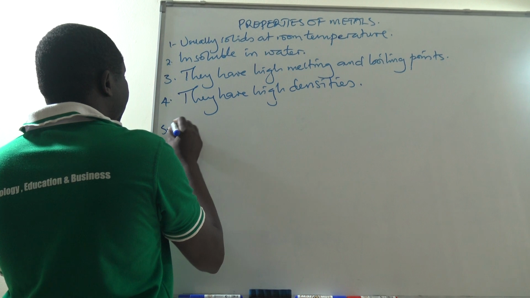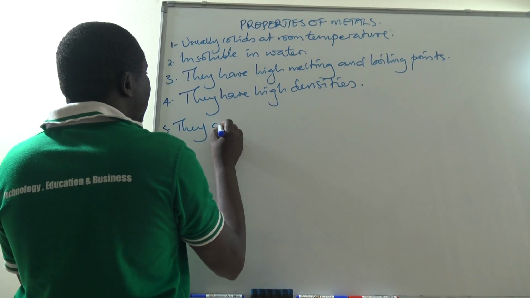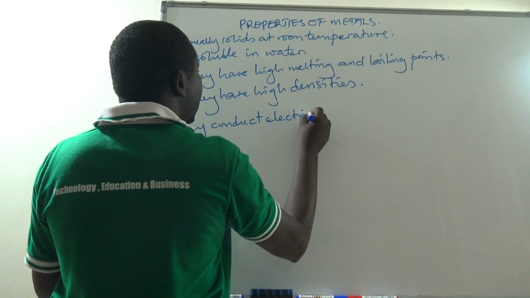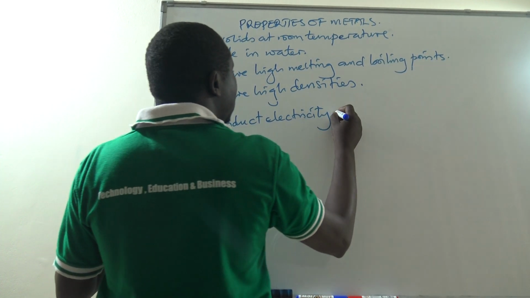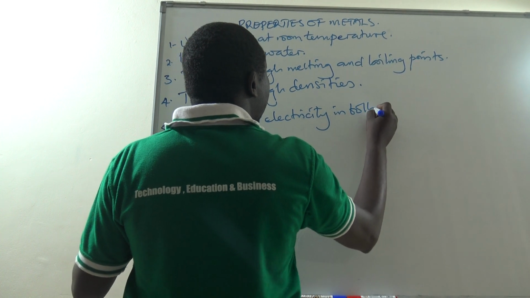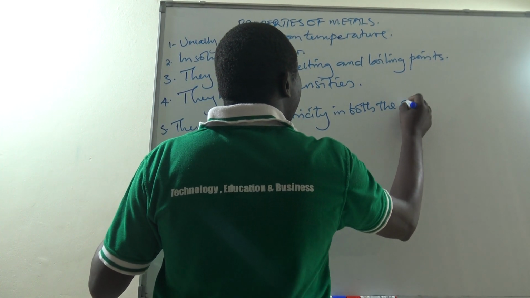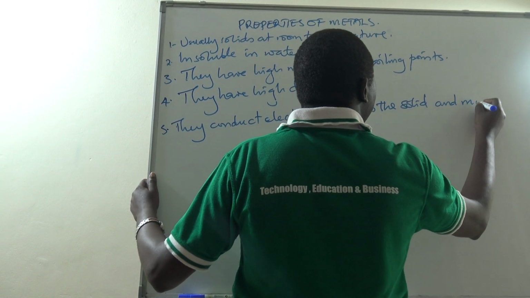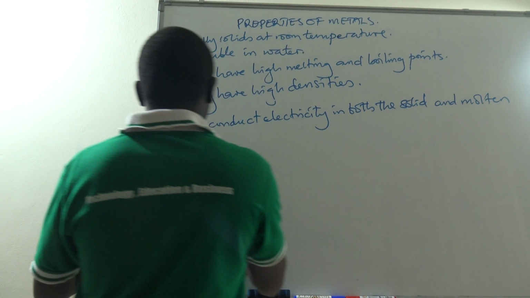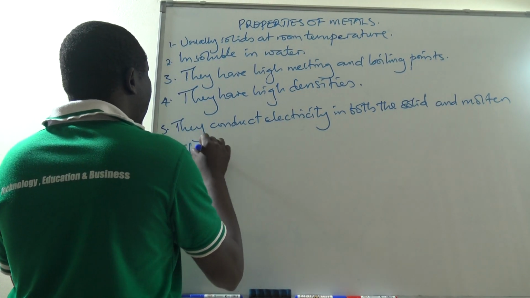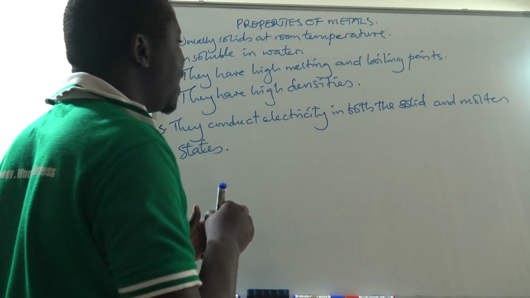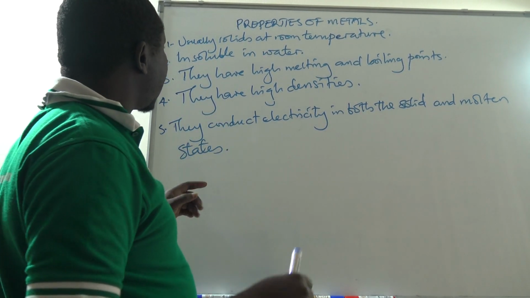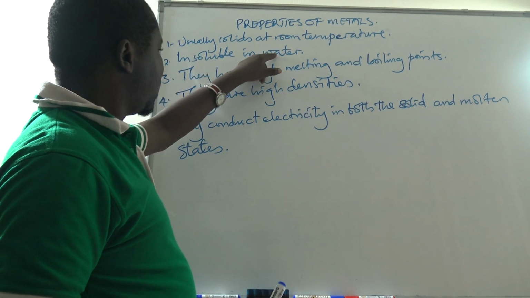Next, they conduct electricity in both the solid and molten states. Metals conduct electricity in the solid state and also in the molten state. But you cannot get an aqueous solution of a metal because metals cannot dissolve in water.